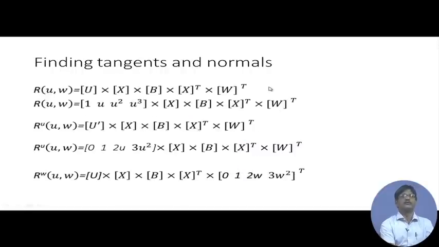Now, let us have a quick look about the way in which we are supposed to find out these tangents and normals. For example, the surface expression is written at the top, and it is expanded once to show how the U matrix looks like. So, the U matrix contains 1, U, U square, U cube, etc. If we now derive it with respect to U, the beauty of it will be only one matrix will be affected, only the U matrix.